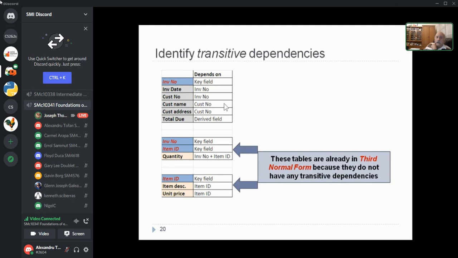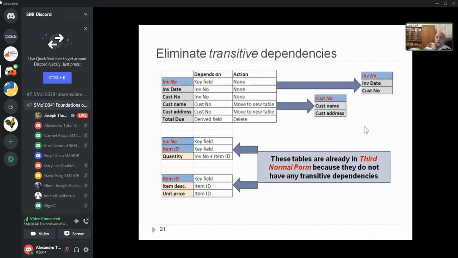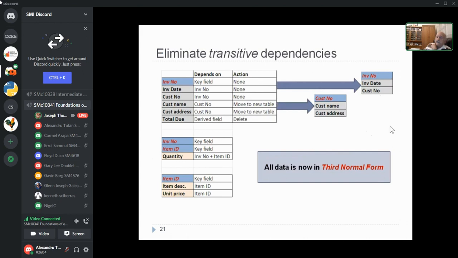In this table, we need to take these two out to a separate table. So we move them to a new table, customer name and customer address, primary key, customer number. Now note that in our table here, we have customer number here, which is a foreign key to this primary key here. So now our data is in third normal form.